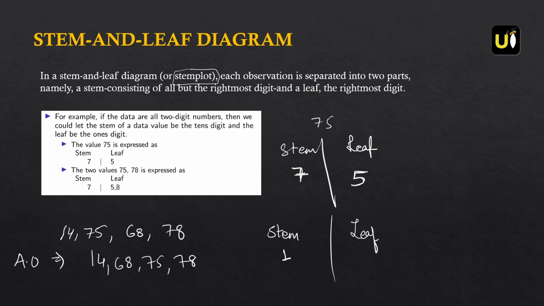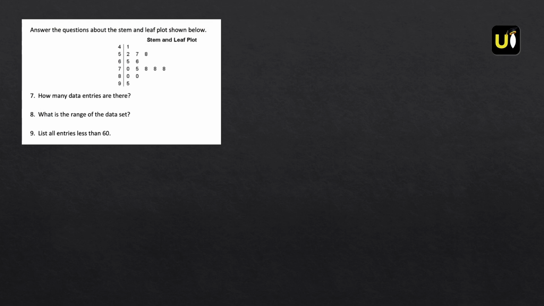So here 1, 4, 6, 8. Now there is a 7 common in two numbers, so we will write 7 and we will write one number here and the second number after that. All right, so this is how you represent a stem and leaf diagram.